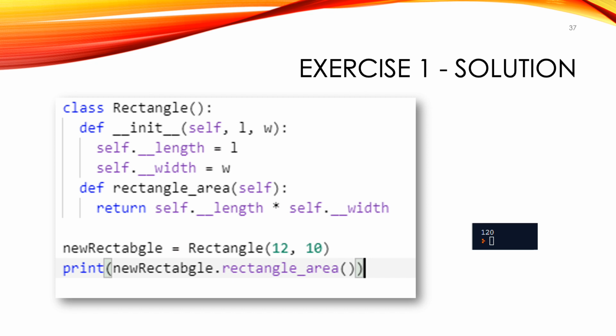Now, rectangle area simply multiplies length by width and returns the value. Now, you can see at the bottom, we are creating an object named new rectangle, in which the length is 12 and the width is 10. Then we are printing the rectangle area. It would be 120 in this case, printed on the screen.